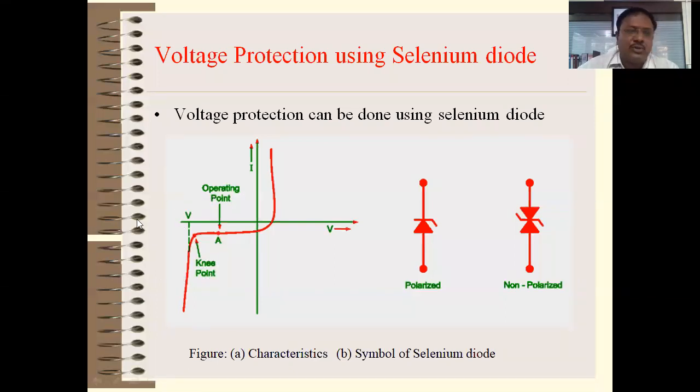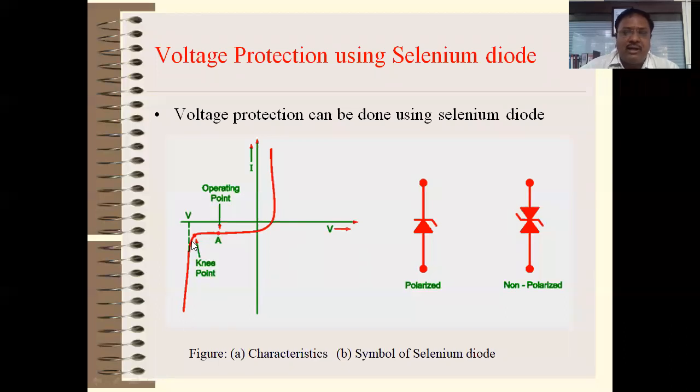It can handle up to 3000 volts. The characteristics are very similar to the Zener diode. If you use a Zener diode in forward bias condition, it simply acts as a PN junction diode. Similarly, a selenium diode in forward bias simply acts as a PN junction diode.